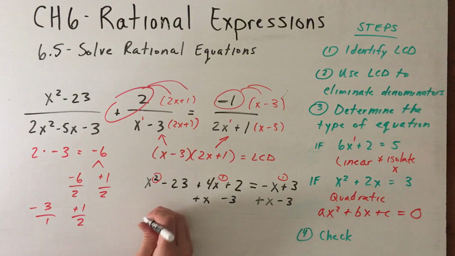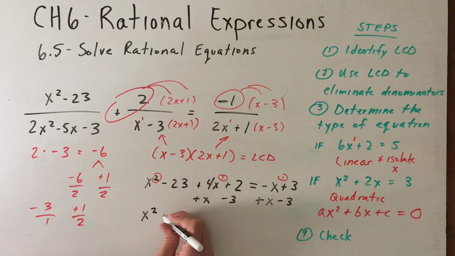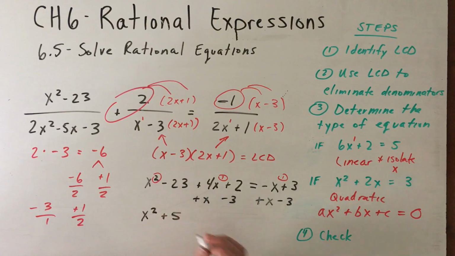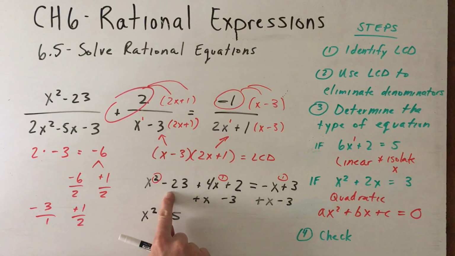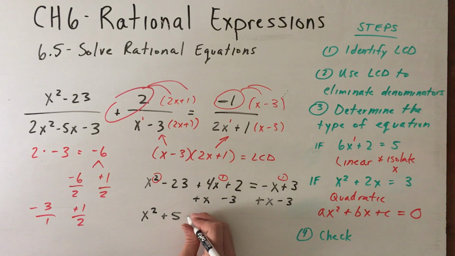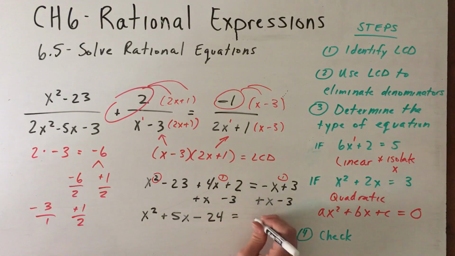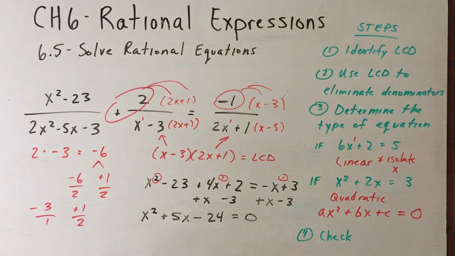When I clean up all of this, what I'm going to get is x squared plus this 5x here. And I'm going to get -23, -26, and that's going to be a negative, add that 2, is going to be a -24. And that will all be equal to 0.